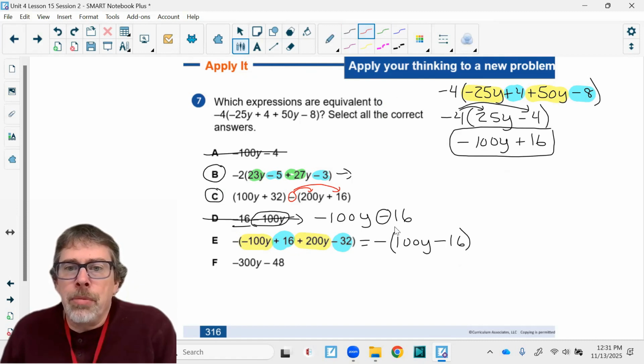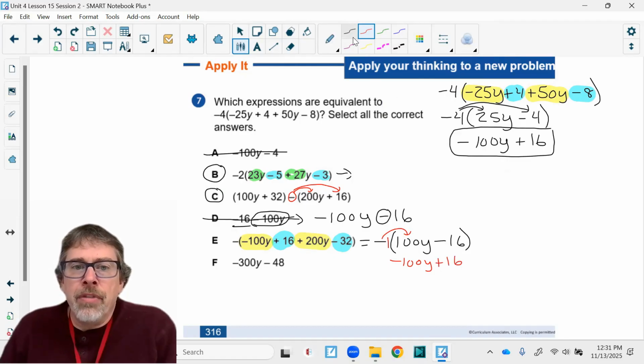Then I need to distribute this negative. And when there's just a negative out there, think of it as negative 1. Negative 1 times 100 is negative 100y. Negative 1 times negative 16 is positive 16. So we then realize with this, it's equal to that. E is also an answer.